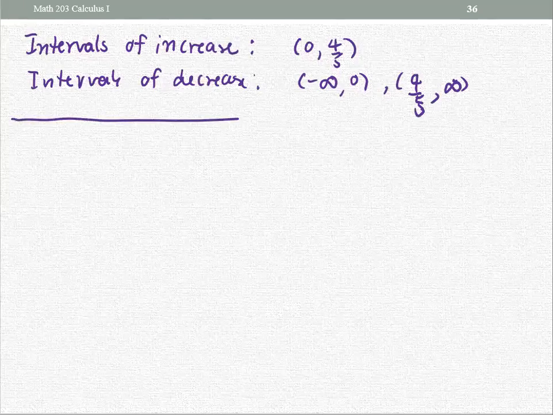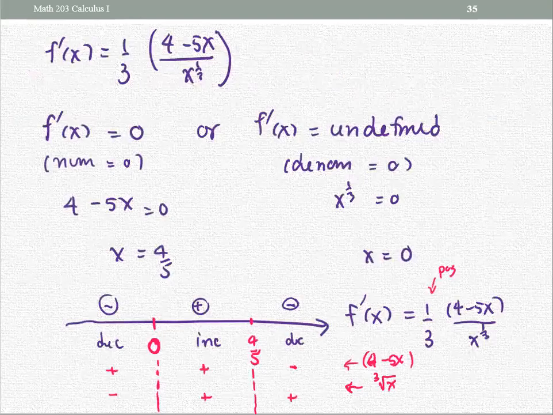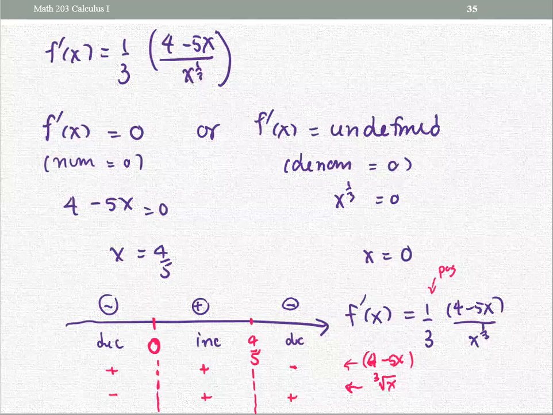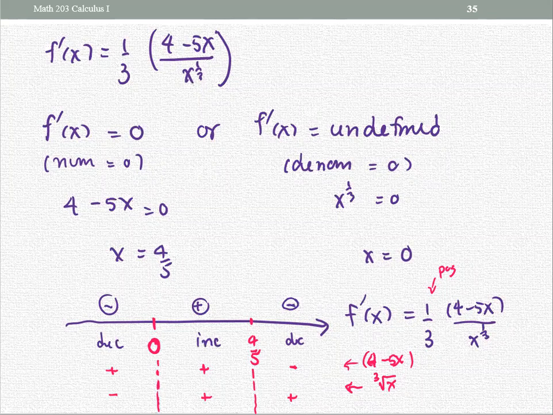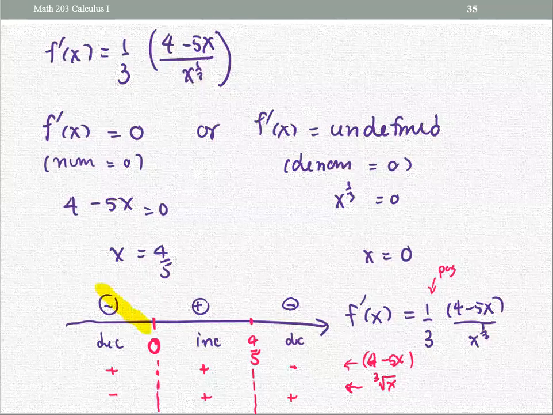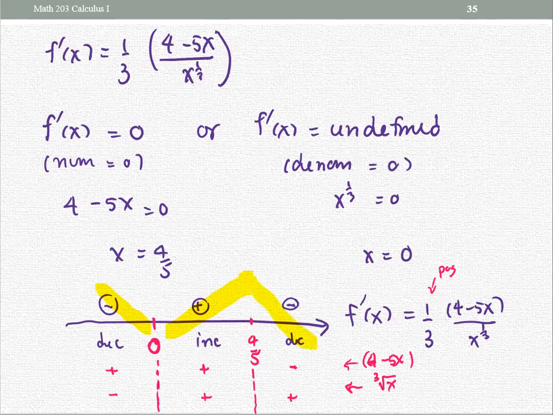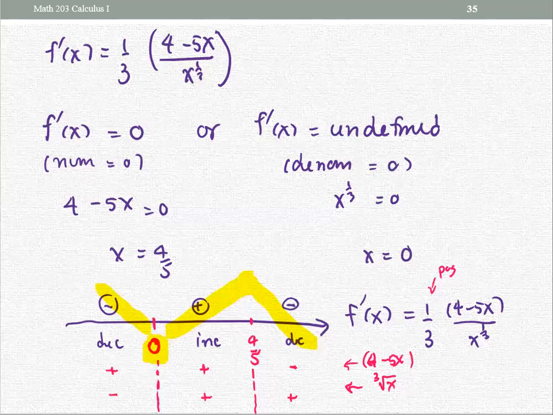This is from the first derivative. Also from the first derivative, you can use the first derivative test to verify whether any local max or local min occurs. For the first interval, the graph is decreasing; on the second interval, the graph is increasing; on the right one, the graph is decreasing. So we have a local minimum at 0 and a local max at 4 over 5.